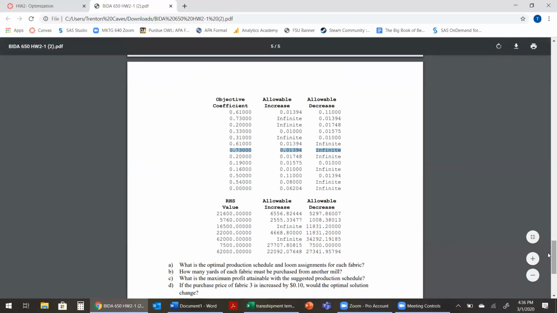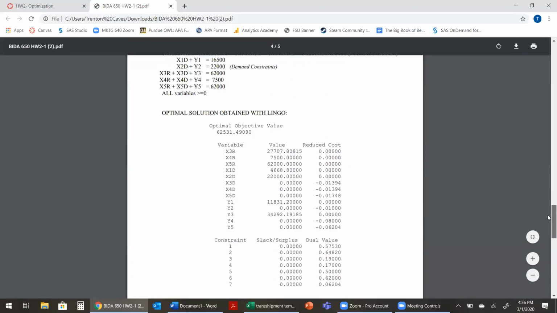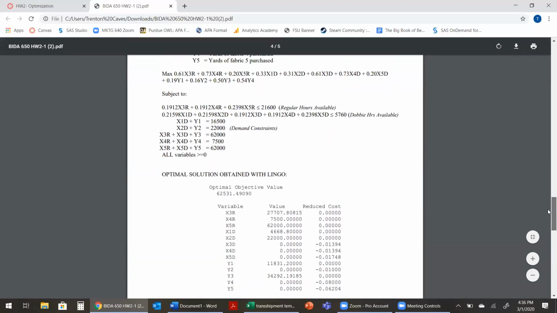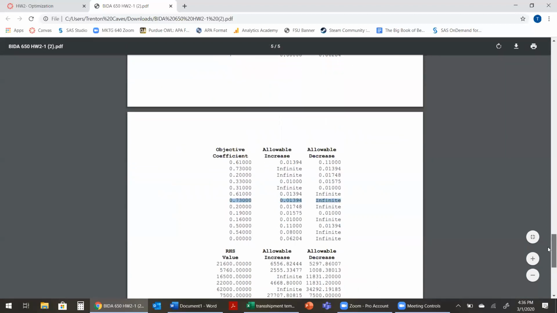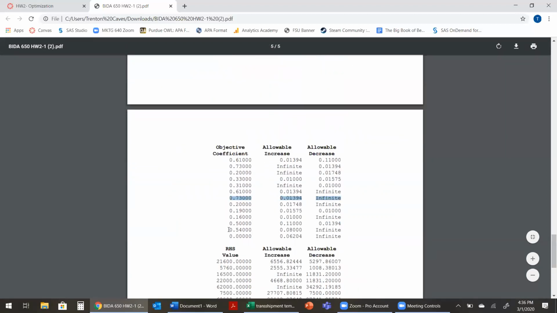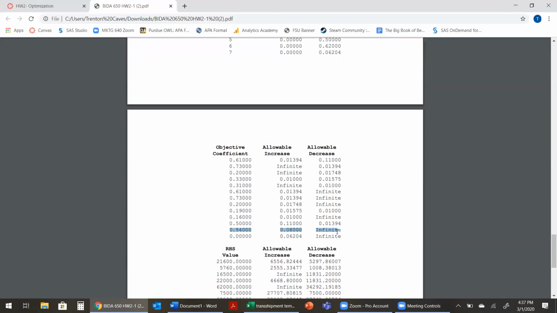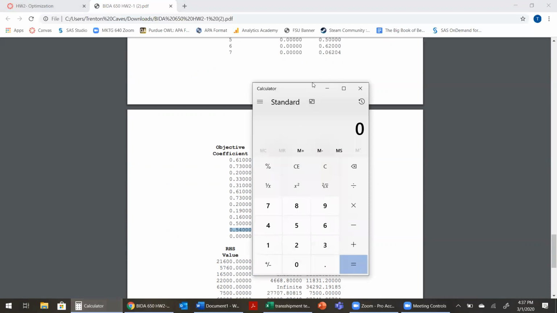But just while we're at it, let's look at Y4. Y4 corresponds to our 54-cent objective coefficient. So Y4 is an allowable increase of 8 cents. So here's where you would calculate.